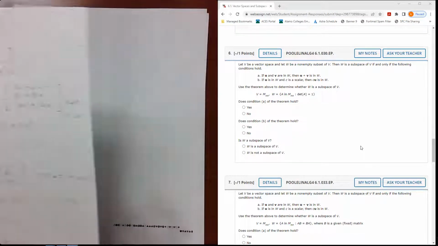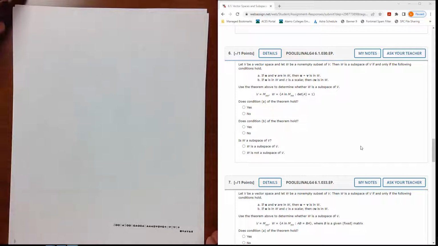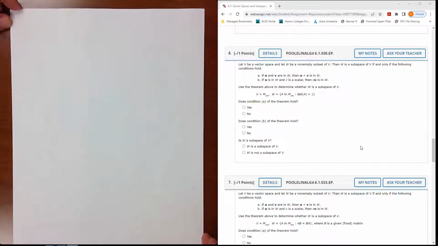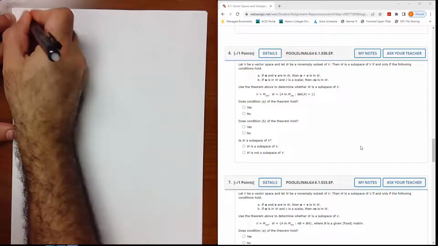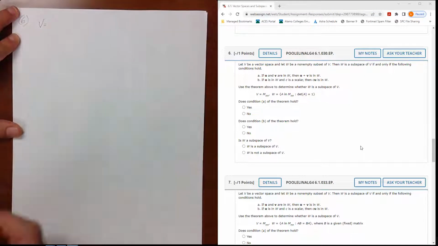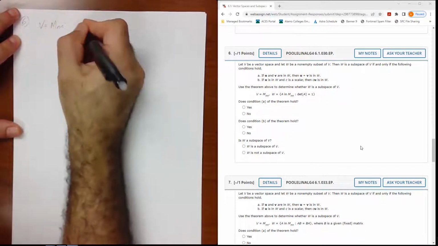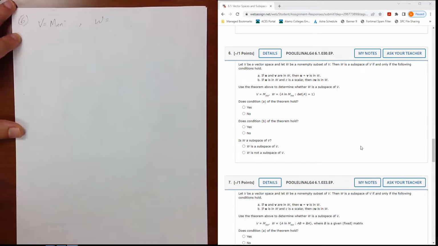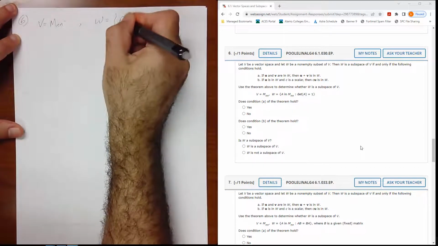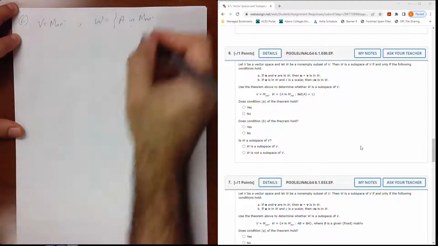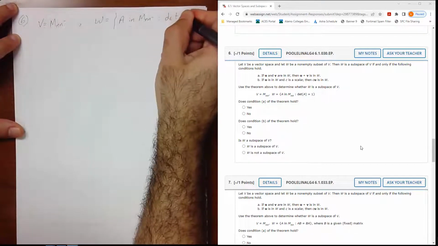They're telling you V is all the matrices with n times n, and they're telling you W is all the matrices A in V such that the determinant of the matrix A equals 1.